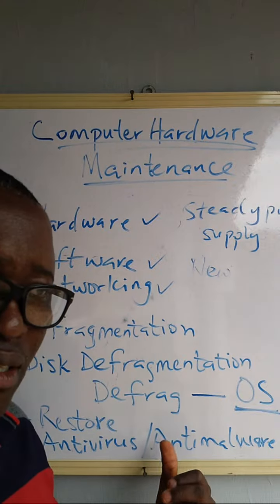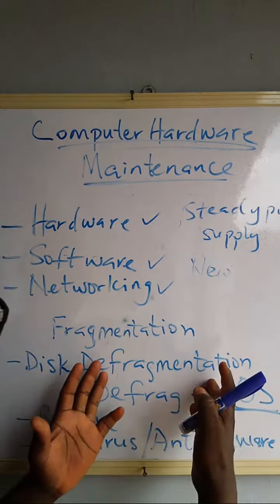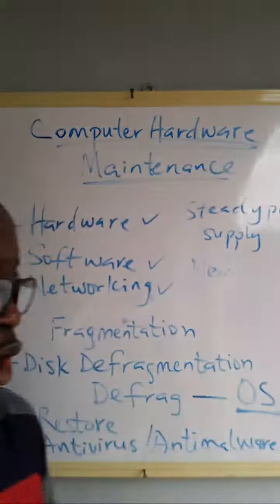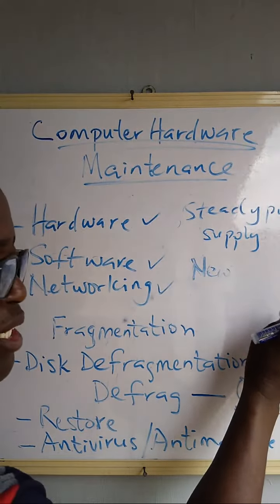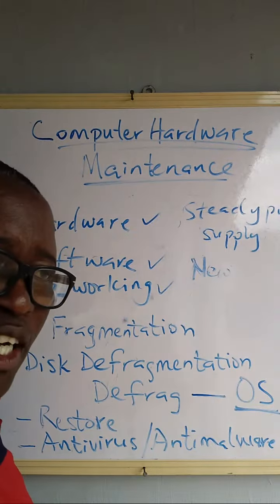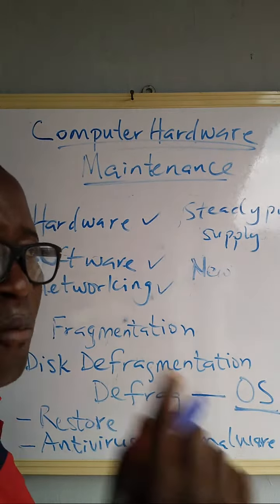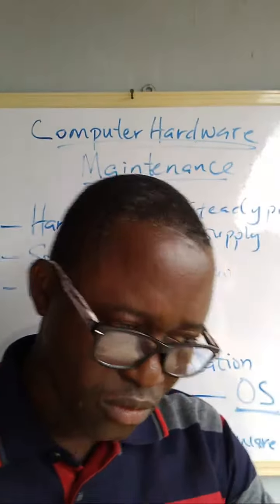When you do it, it can take a lot of time to run actually, but when it's completed, the computer comes out as new, as if you just installed the operating system. All right. So when you click something, you want to open a file, it opens so fast. And then when the person comes back, you tell them, check this computer now.